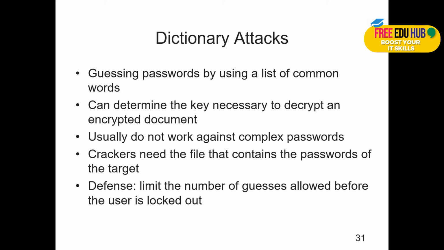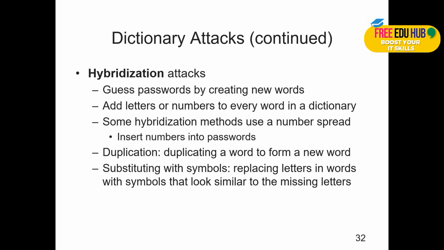Just like in Active Directory, we have a threshold of, for example, 3, 5 or 10, depending on what kind of setup you have. You can deny access or lock out the account after that many unsuccessful tries. It would simply disable or lock out the account.